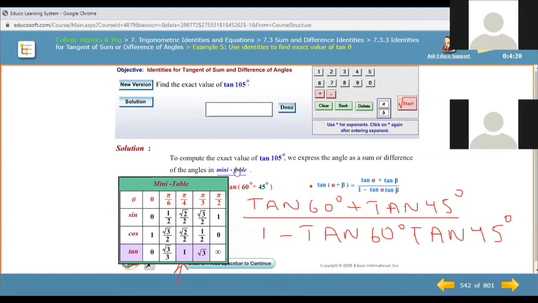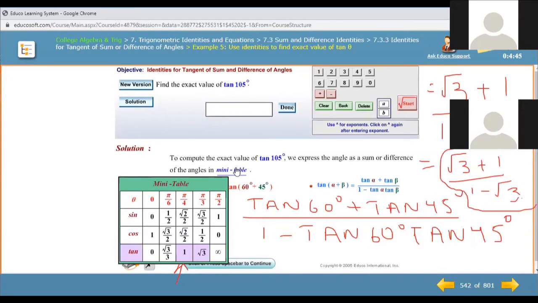So your final thing will be tangent 60, which is radical 3, plus 1, divided by 1 minus radical 3 times 1. That gives you radical 3 plus 1 divided by 1 minus radical 3. That's the final answer.